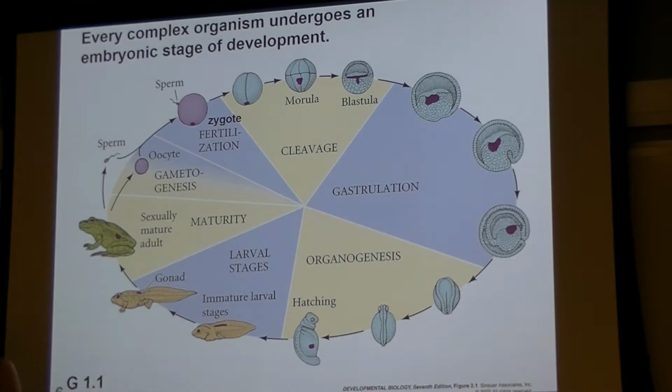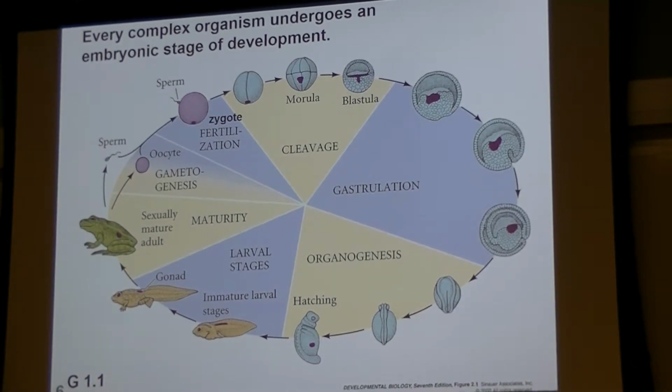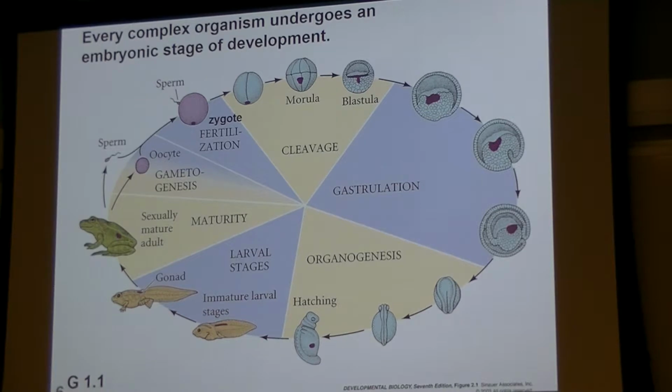Then we get to the boring stage where we've done all the interesting bits for the embryology and the thing just needs to grow. But then beyond that, there are questions of sexual maturity. What do you need for that organism to become capable of producing sperm and eggs so that the next generation can ensue?